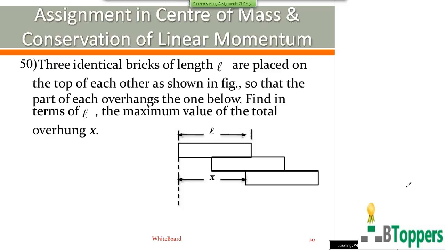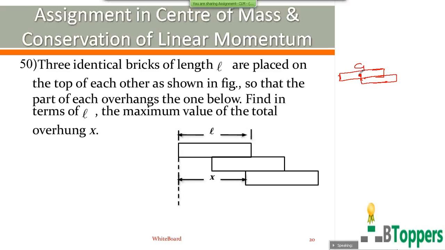if you consider first the top block, for the top block not to fall, below the second block, the middle block, the center of mass of the top block should lie within the edge of the second block, because the weight mg of the first block at the top acts at its center of mass, denoted by C1 here.